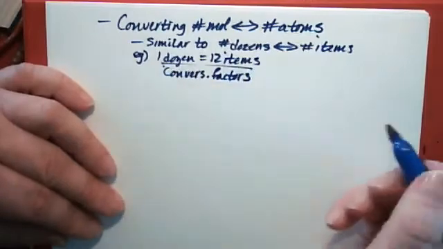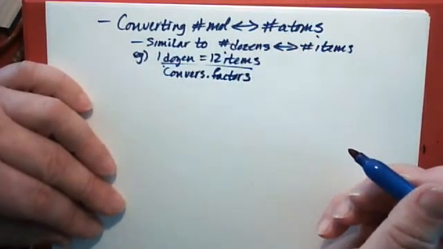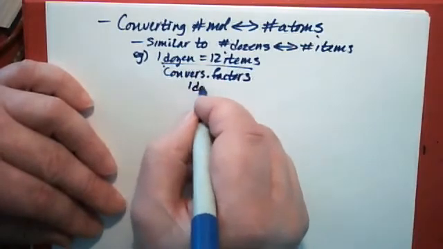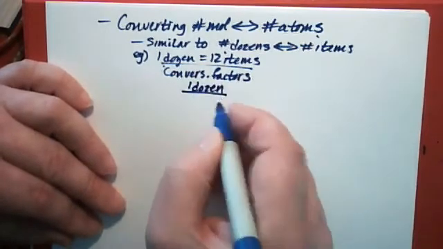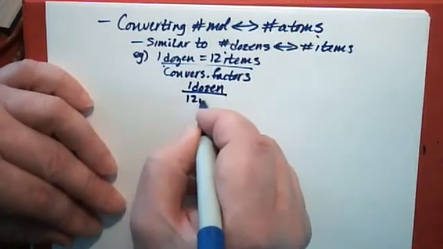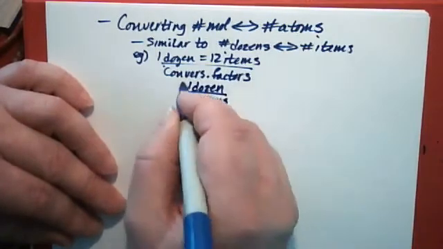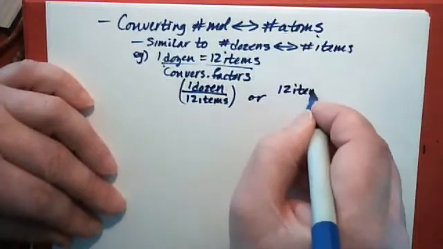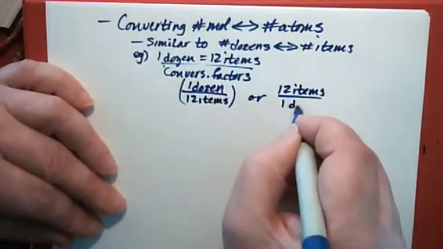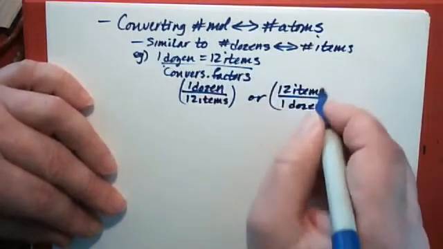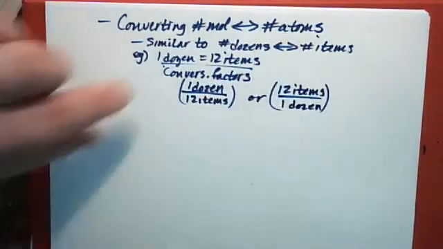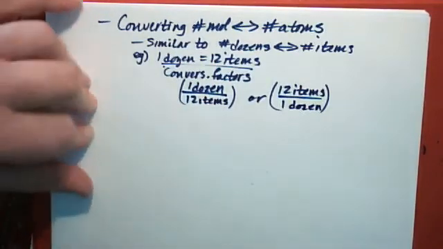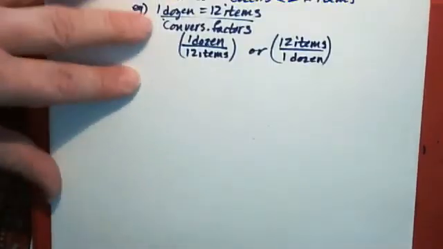And that's your equivalence statement. So the conversion factors that would be derived from that would be either 1 dozen for every 12 items, or 12 items for every 1 dozen. And you can use whichever one you need in order to make the units in your calculation work out correctly.